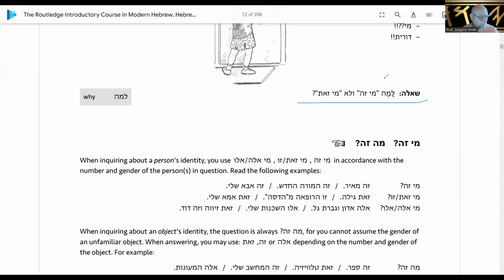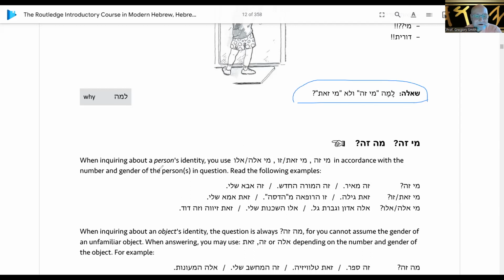She'elah, question. We have lama. Why does it say "mi zeh," who is this, and not "mi zot"? In other words, "mi zeh" below "mi zot." Why does it say it that way? Because it says down here, I think we did cover it, but I just missed this part for some reason.